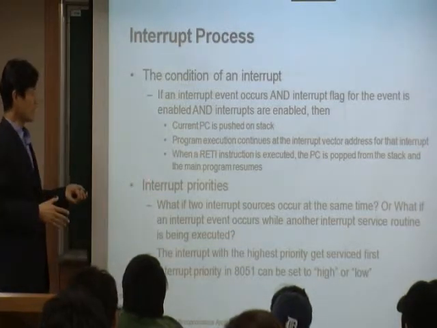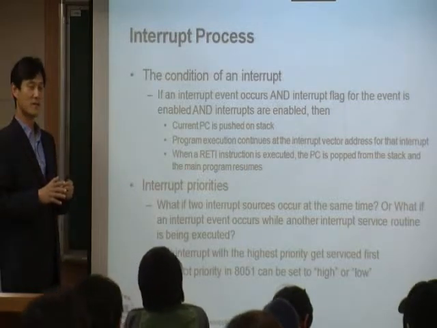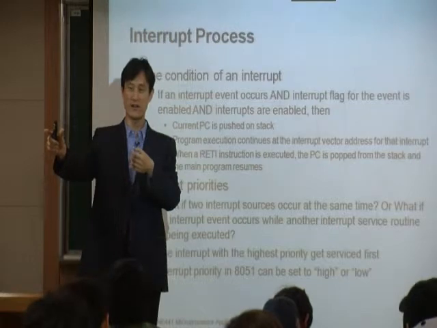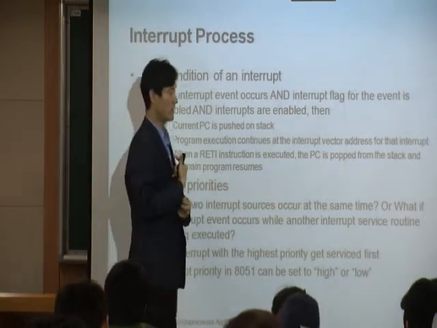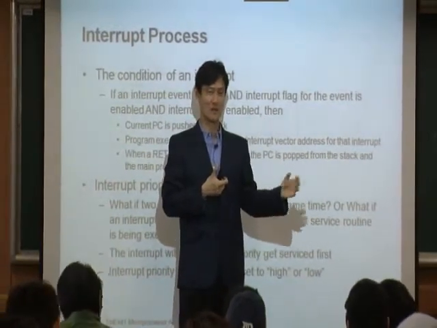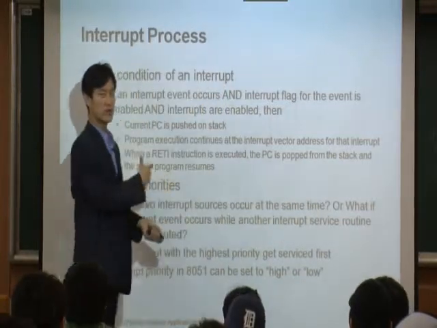What do you want to do? That depends on the priority. So this priority is not fixed. If you want to make the doorbell a high priority, then you can set it that way. Or if you think, okay, my telephone is more important, then you can put a high priority for the telephone. Okay, this is up to you.